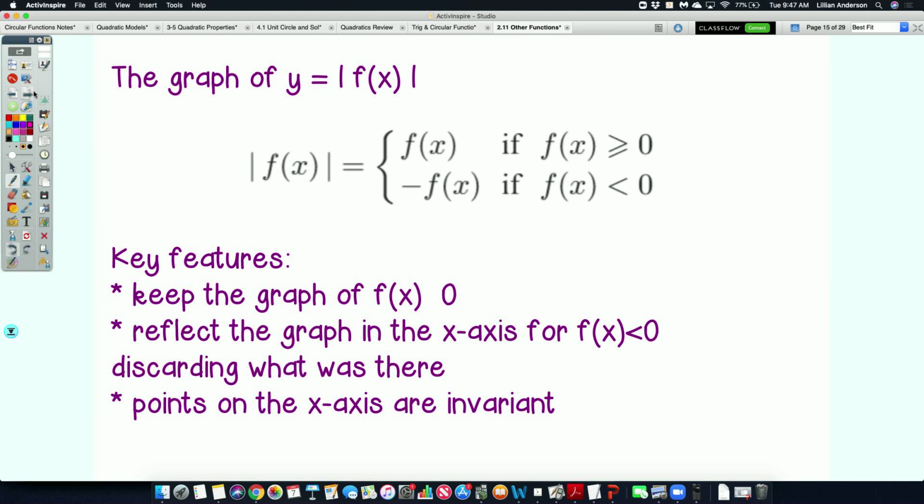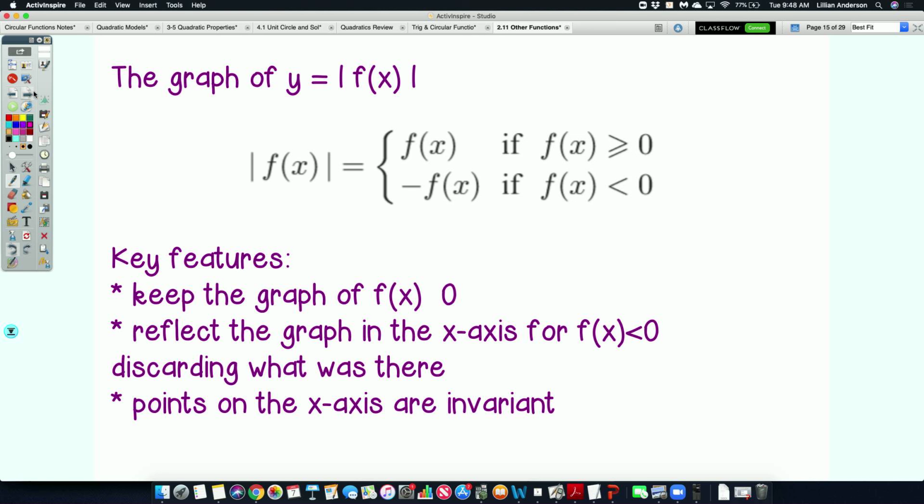Alright, let's move on to your modulus functions, your absolute value functions, okay? Alright, your absolute value functions. Okay, we have the absolute value of a function, f of x. You have the original function, f of x, if f of x is greater than or equal to 0, and you'll have your negative f of x function if your function is less than 0. Okay? Some key features.